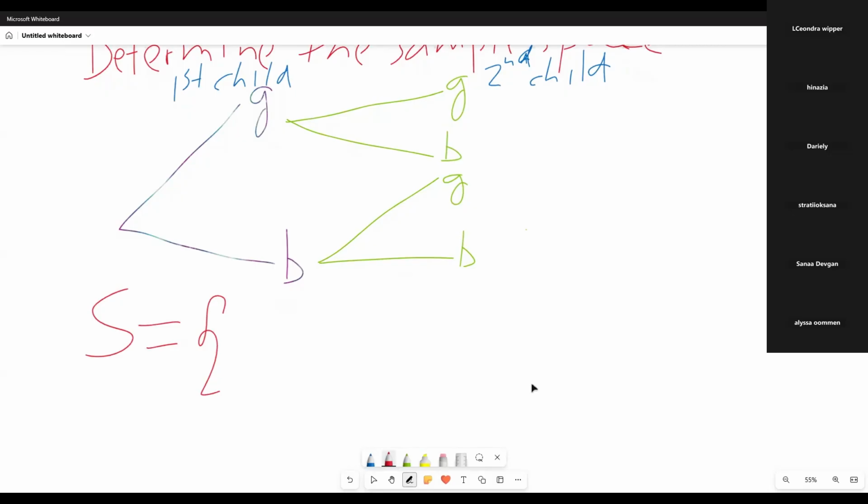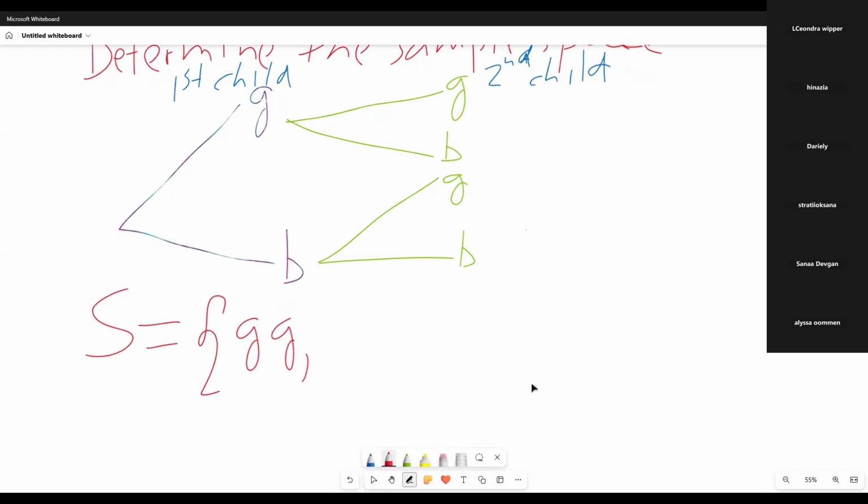So the two people, they try, and then the first one is a girl. The second one can be a girl. So the two children can be girl, girl. Agreed? Yes.